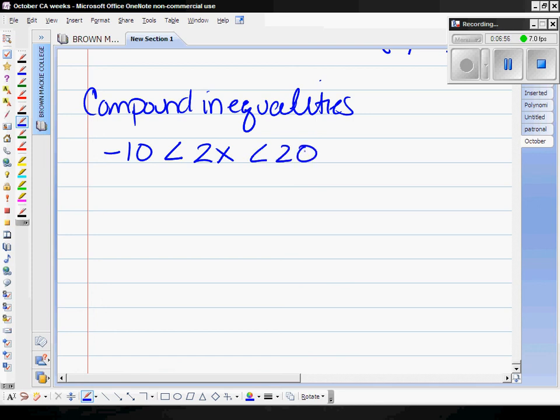When we're solving compound inequalities, or 3 parts, it's the same way that you would solve a regular inequality or a regular linear equation. So whatever you do to one side, now you must do to all 3 sides. So I divide this by 2, I divide this by 2, and I divide this by 2.